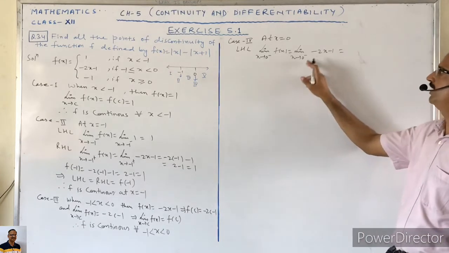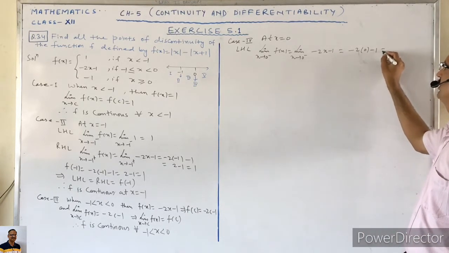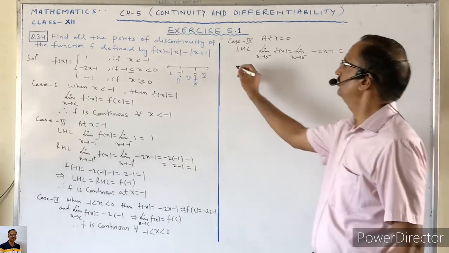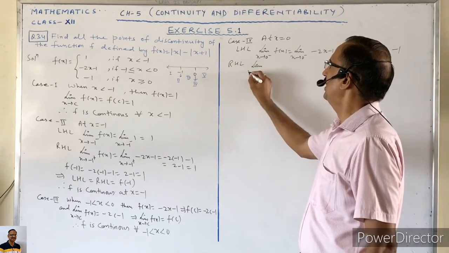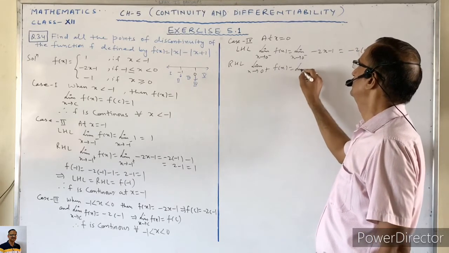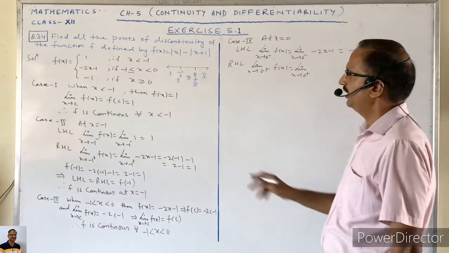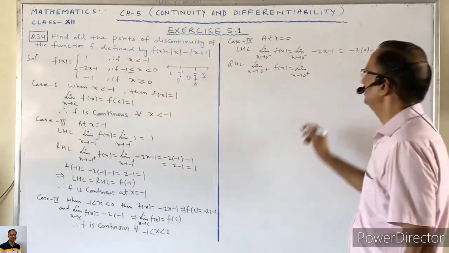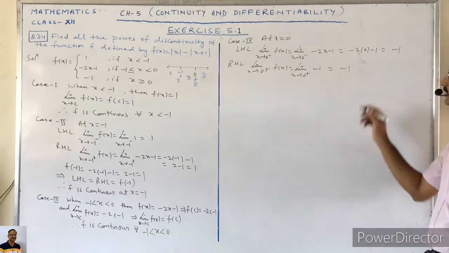When we put the value of x, then this is minus 2 into 0 minus 1, and the answer is minus 1. Now the right hand limit, x tends to 0 plus f(x) equals limit x tends to 0 plus. When x is greater than 0, then the function is minus 1. So this is minus 1, and finally the answer is minus 1.